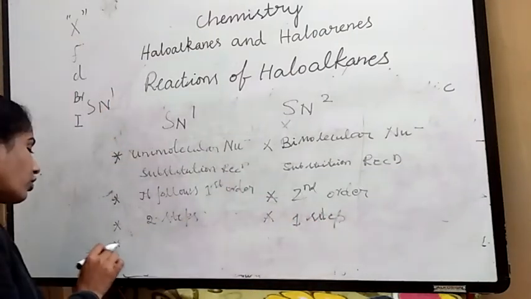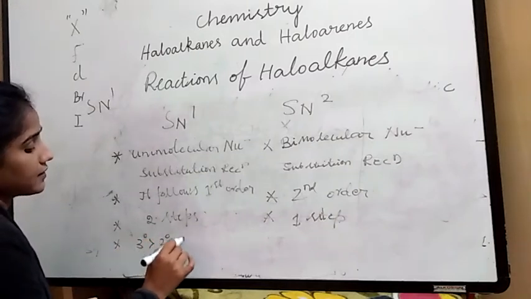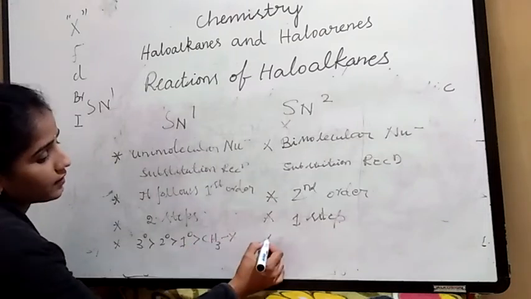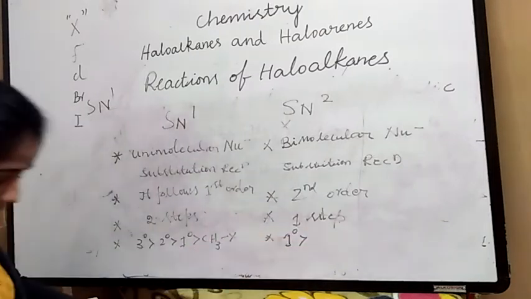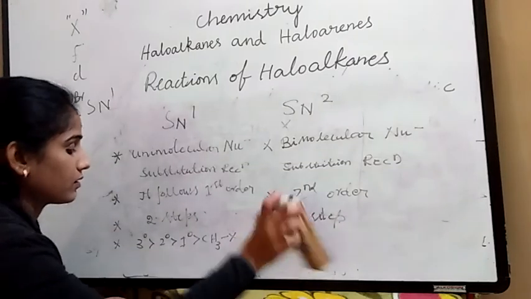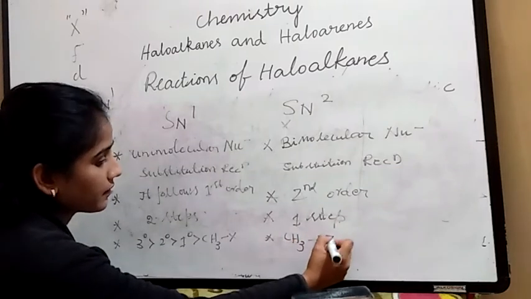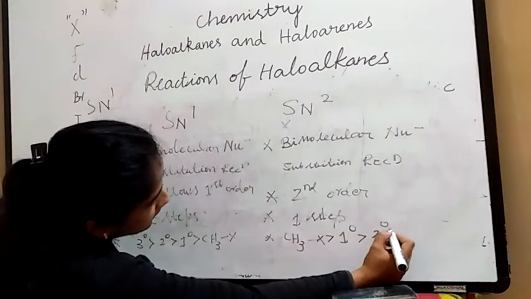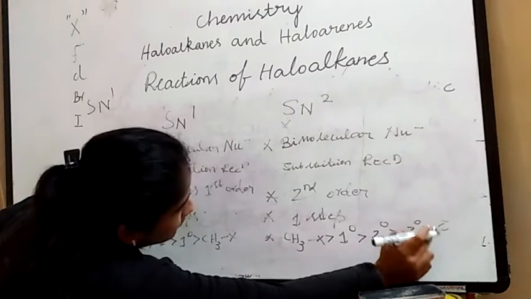The reactivity of alkyl halides in SN1 is tertiary greater than secondary, secondary greater than primary, primary greater than CH3X. The reactivity of alkyl halides in SN2 is CH3X greater than primary, primary greater than secondary, secondary greater than tertiary. That's it.